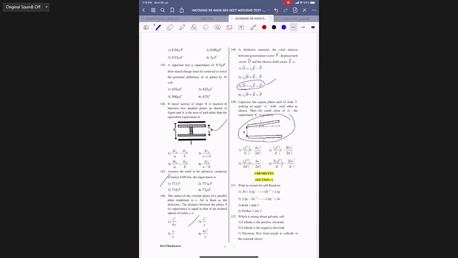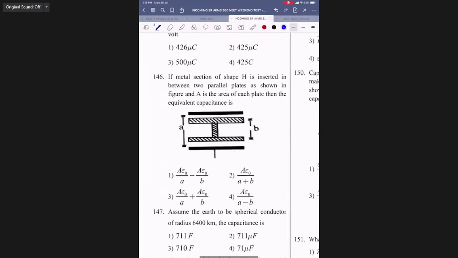Don't worry. 146. It is a metal, na? So this will be like inside, there is no question of this one. A metal sheet is introduced between the plates. What is the total separation d, out of which here to here b is occupied? So we can take this as a metal sheet of thickness t, so t is equal to b.